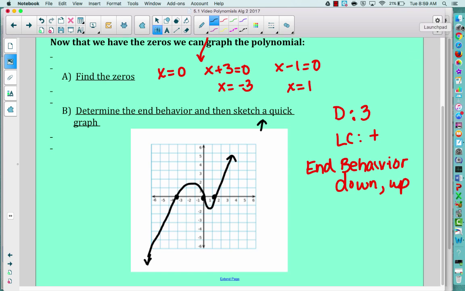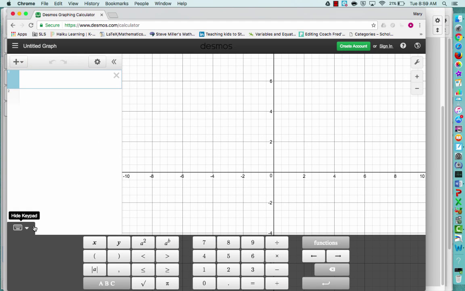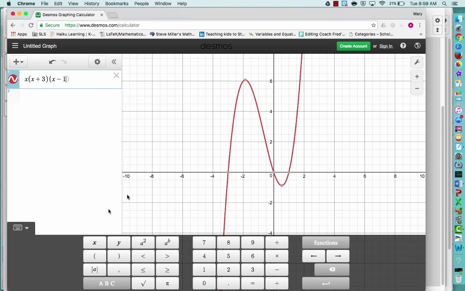All right, so let's check that on Desmos. Now on Desmos, guys, you still can put it in the way it's written. So I'm going to do x times x plus 3, and then x minus 1. Now you can see, right now we're just looking at the zeros.